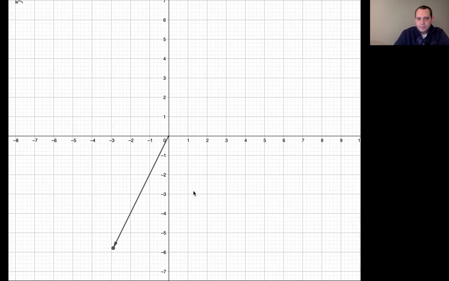To help us figure out what's going to happen, I have a graph here that I'm going to share. I want to think about what happens if we take our vector, say 1, 2, and then we let it scale. Now I have a point at the end of the vector, and the reason is that I want to be clear that vectors and points aren't exactly the same thing. Vectors are objects that have a magnitude and a direction.